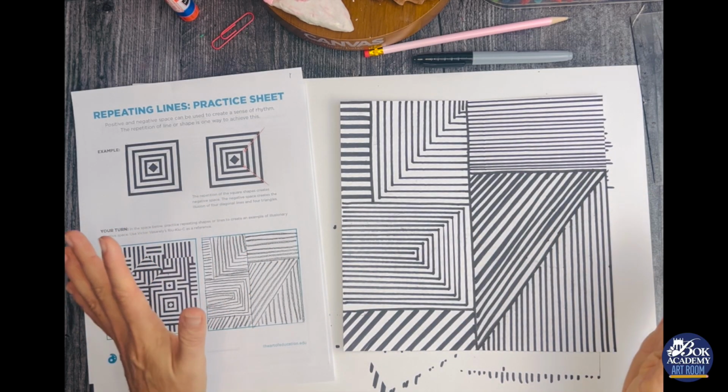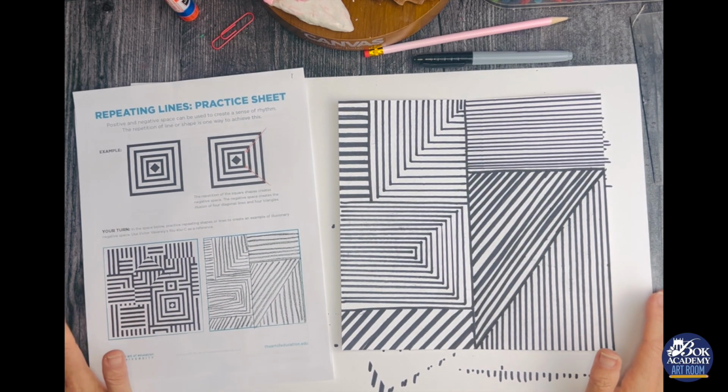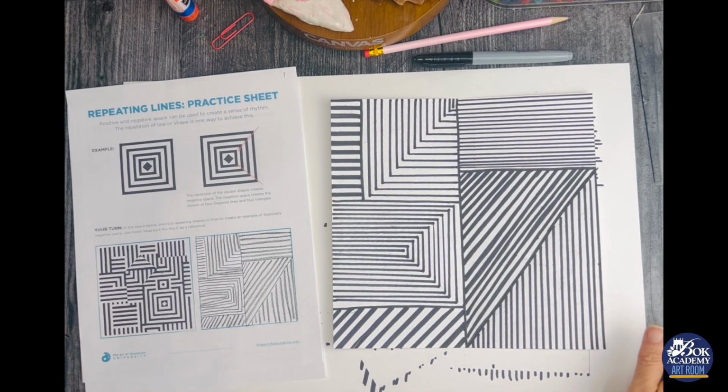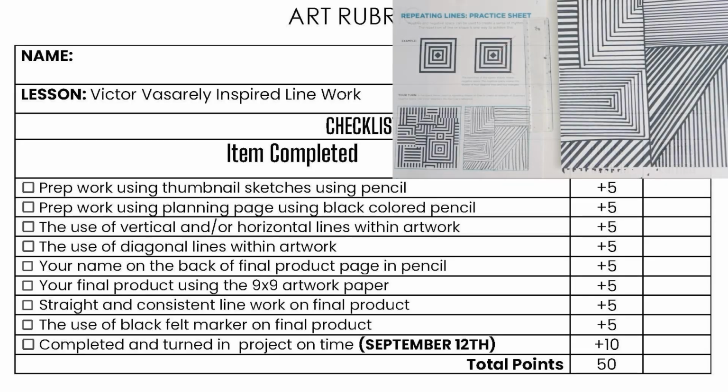So I hope you enjoyed this little line activity, and good luck with planning out your lines. And these are the items I will be looking for as I'm grading your artwork. Is your prep work done using the thumbnail sketches using a pencil? Is your prep work with the planning page done using a black colored pencil?